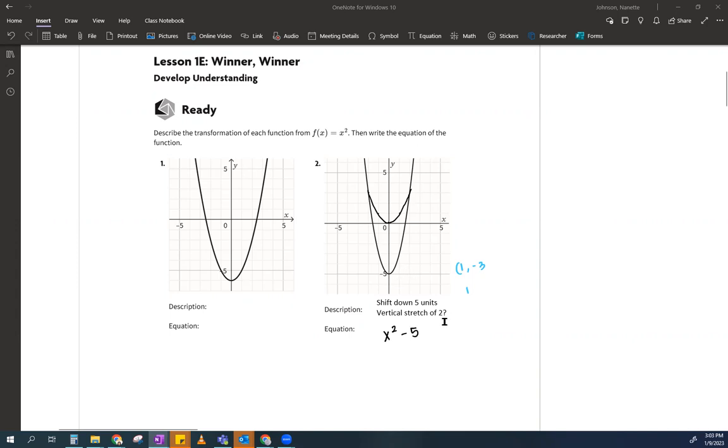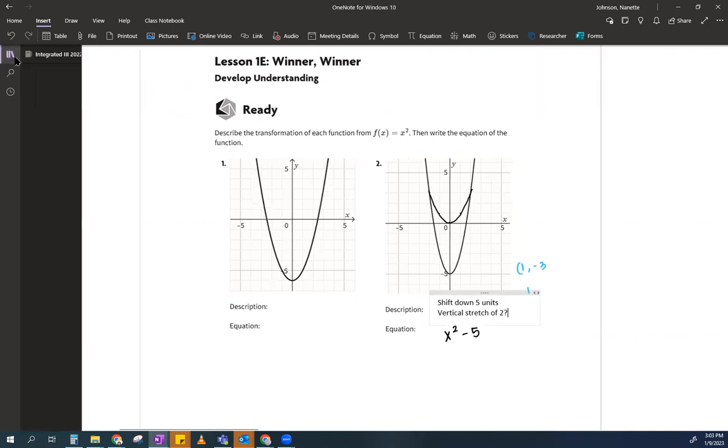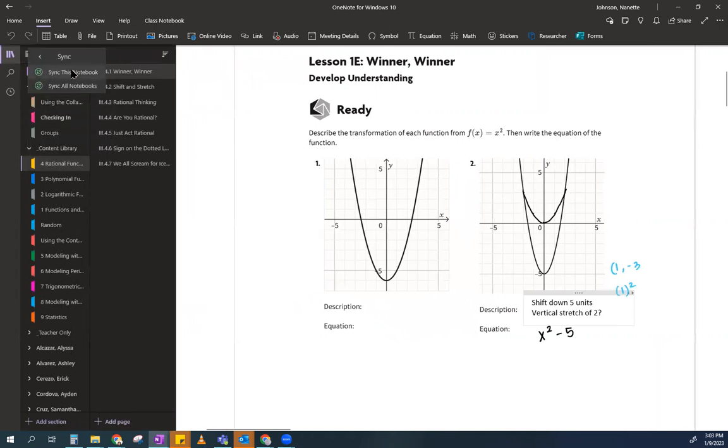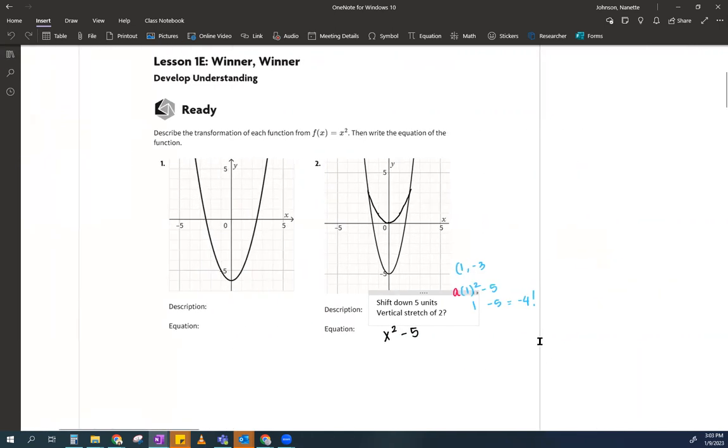So the one way that I could do this is I can pretend that there's this A that I need to find. Just pretend that I didn't know this A was here. So I plugged him in and I got 1 minus 5, that's -4, boo, right?